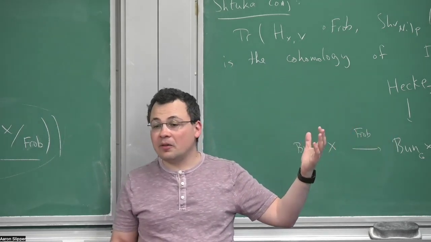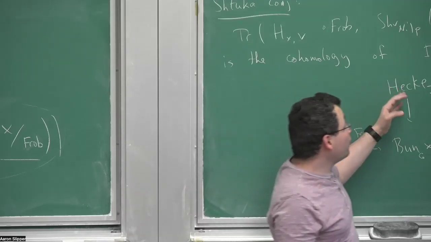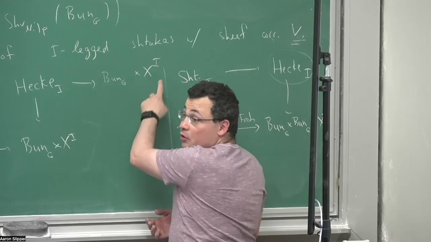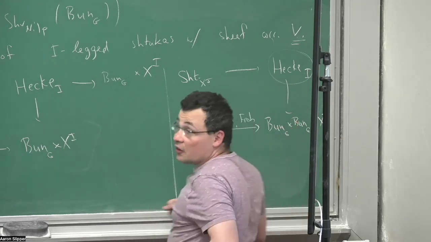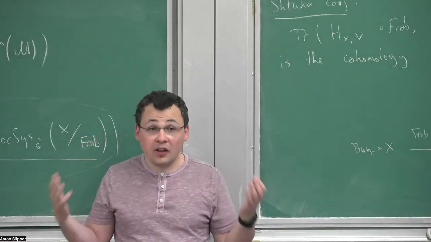I don't know any proof that doesn't first prove it. By the way, the trace conjecture is the special case where I is the empty set. That's the Shtuka conjecture for zero-legged Shtukas. I don't know how to prove it without proving the whole thing.